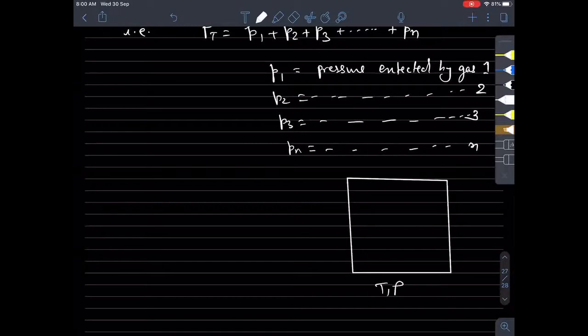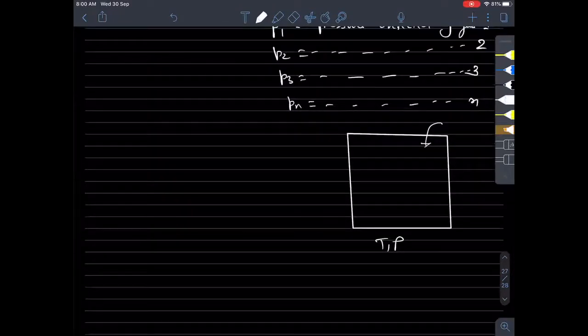If one gas is taken inside, what is the proof?